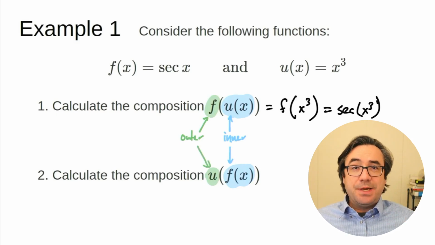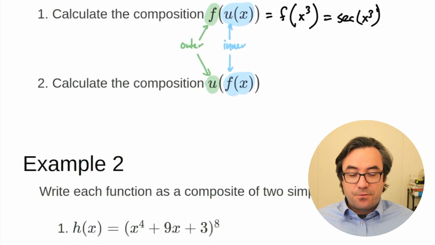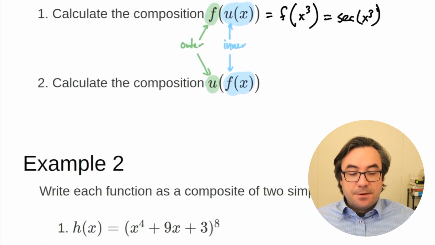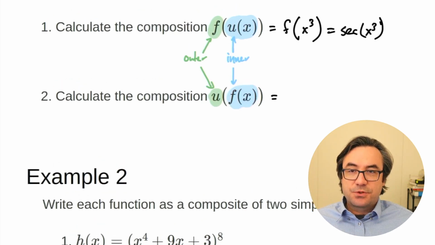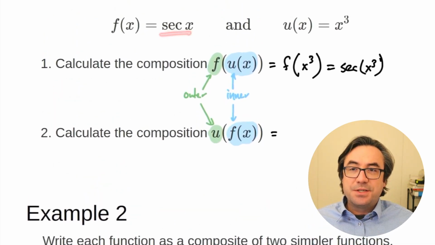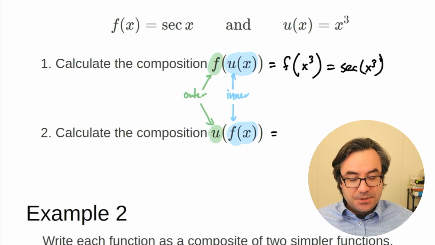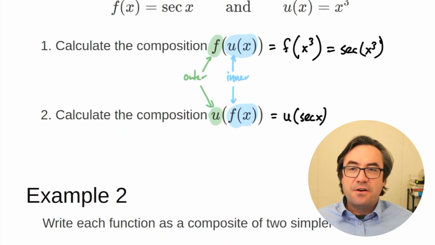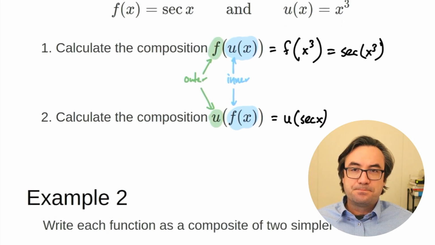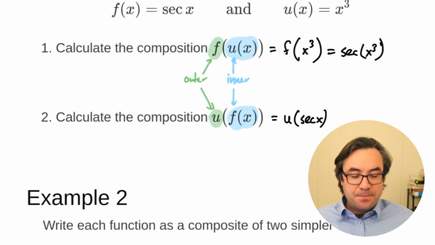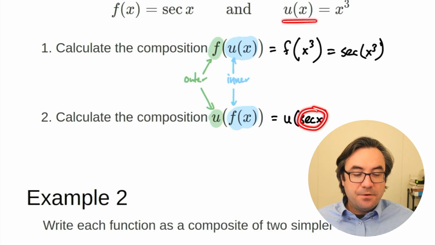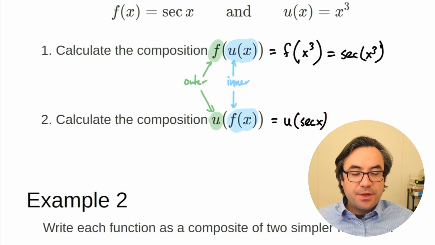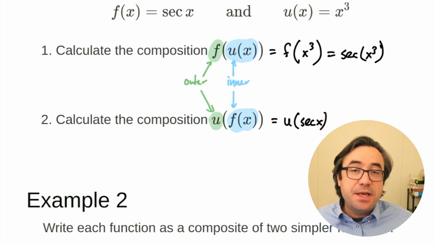And let's see what we get. It's going to be a different formula here. All right, so first of all, what was function f of x? Let's go back up. f of x was secant x. So we're going to plug secant x into our function u. And again, the way we read a formula is we're thinking of this x as just the input.